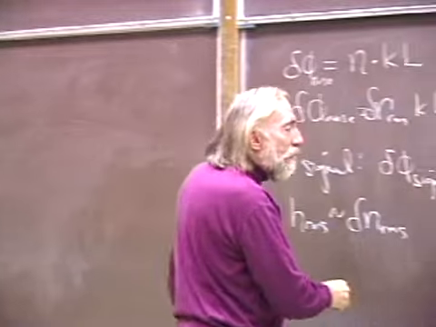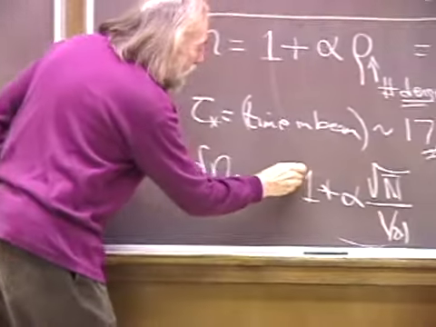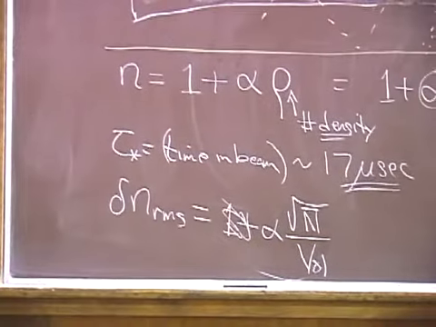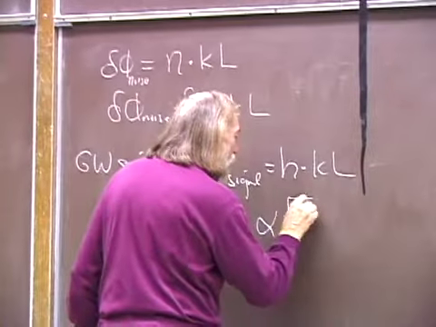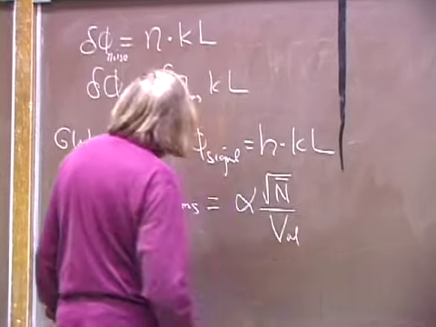And so that RMS noise then looks like this: the 1 goes away in the fluctuations. So it looks like the polarizability times the square root of the mean number of molecules divided by the volume of the beam. Okay.